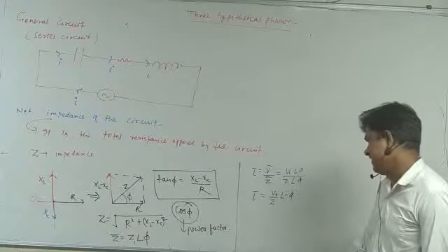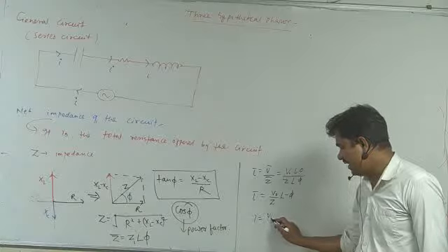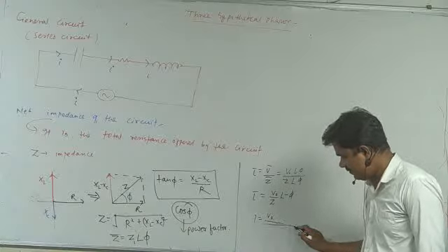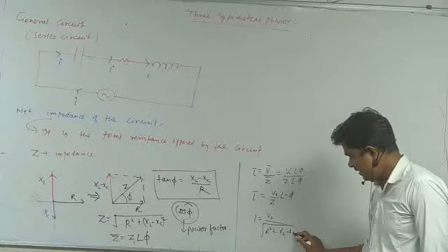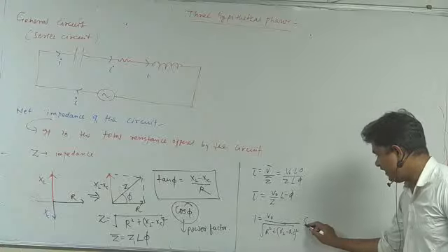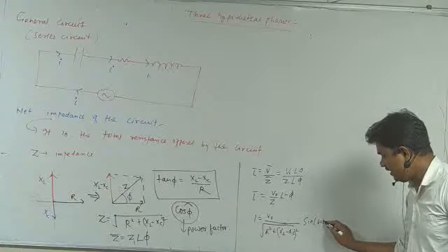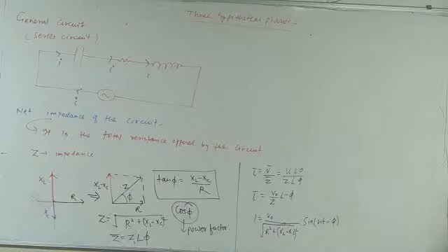Nice. Now, I will write I equals how much? V naught by Z. Z is how much? Root of R square plus XL minus XC whole square. And this will be written as sine of omega t minus phi. Is that clear?